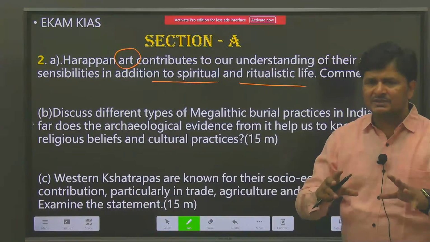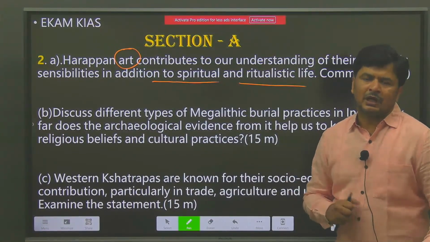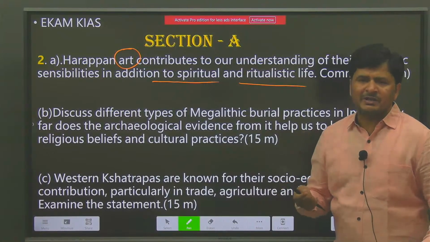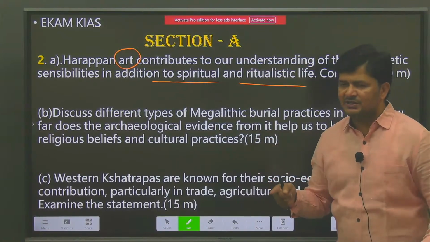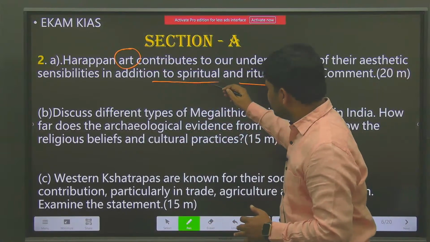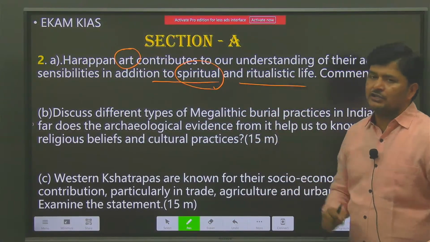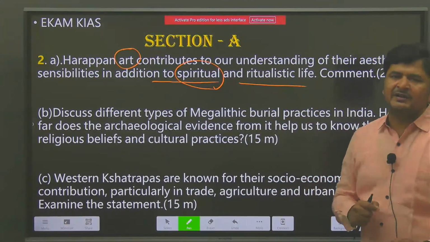These are the elements that can be framed under art. How the excavated materials from different sites of the Indus Valley civilization help us in understanding the spiritual life of Harappans and even their ritualistic nature.